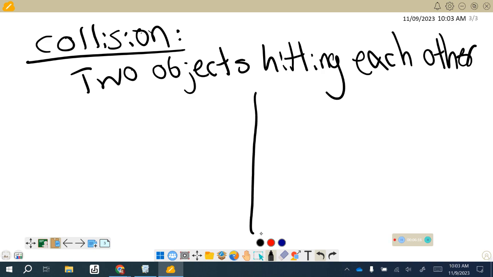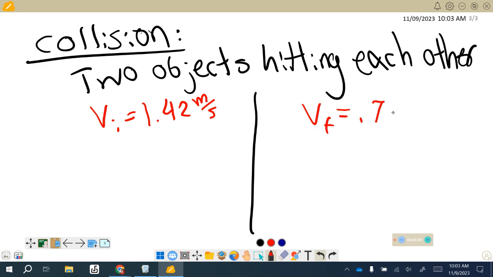So let's split our paper in half here, and I've got some student data here where they said their initial velocity of their cart was approximately 1.42 meters per second. And then after the collision, the velocity of the cart after it hit and stuck to the other object was about 0.73.